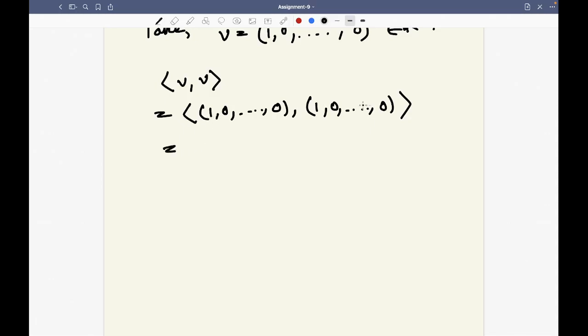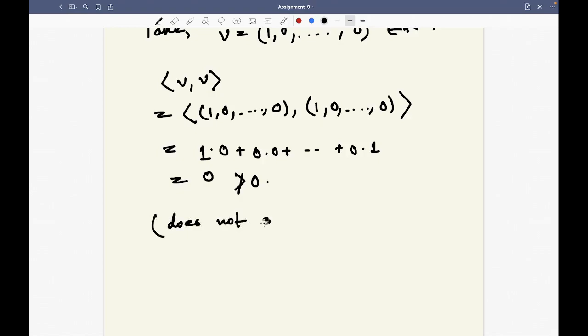By definition it is x1 with yn, which will be 1 dot 0, right? Plus x2 y(n-1), which is also 0 dot 0, plus all the other terms. Because in the first vector all other terms are 0, it will be 0 dot 0, or 0 dot 1, which is again 0. So this is not strictly positive, right? So it does not satisfy the condition for an inner product.